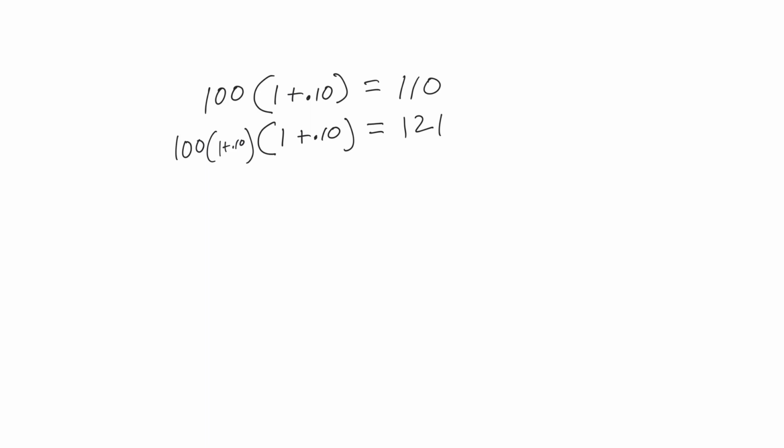So now what do we have? We have $100 times 1 plus 0.10 times 1 plus 0.10 equals 121. Notice we've got two of these here.